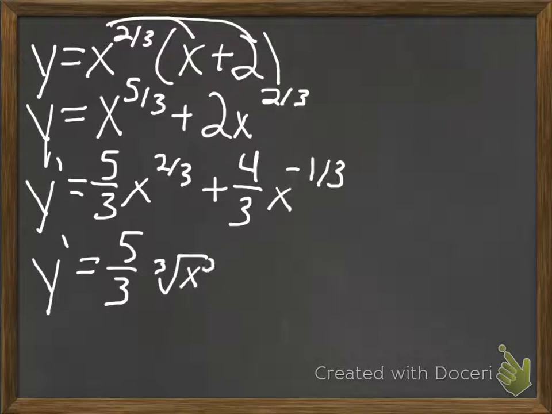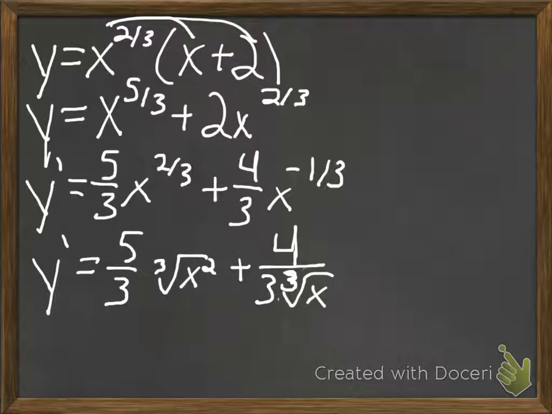So now you're going to simplify and try to get a standard form of the equation and get the whole thing together. So when you simplify the 4/3 x to the negative 1/3, it turns out to be 4/3 cube root of x.